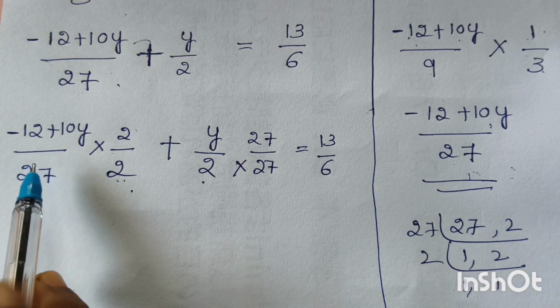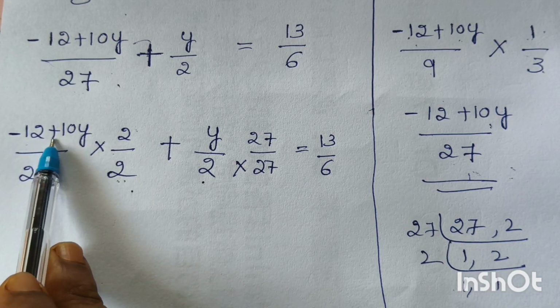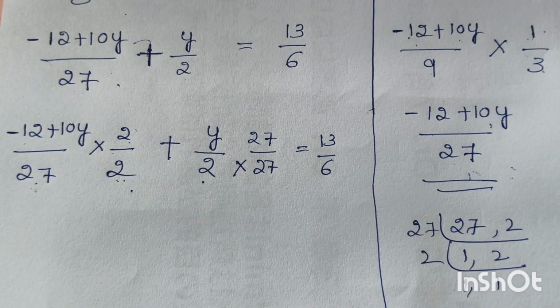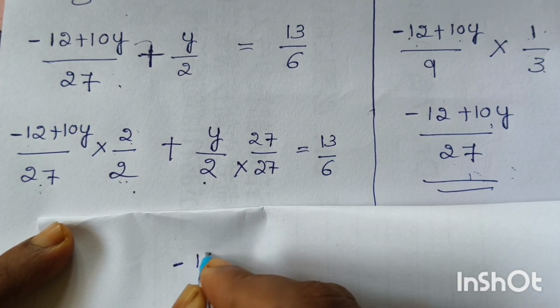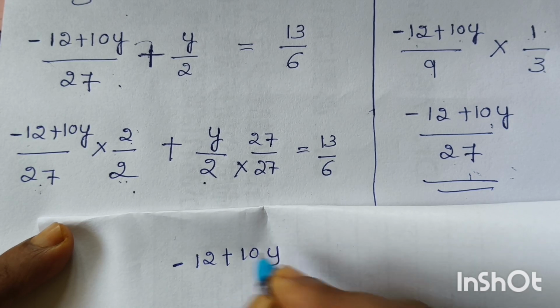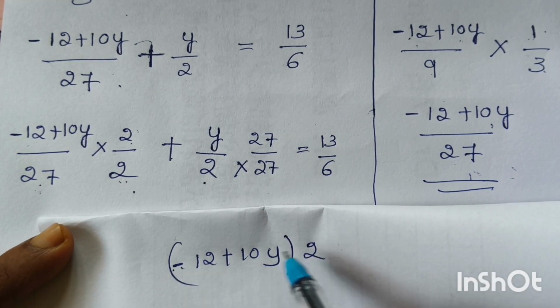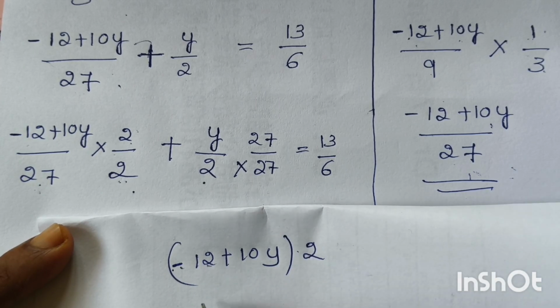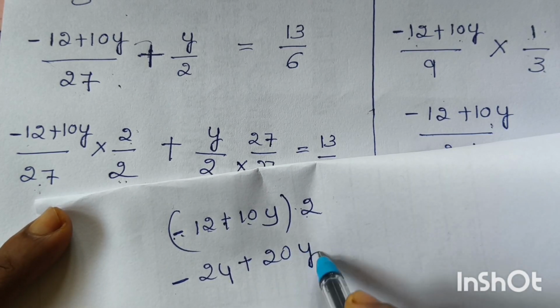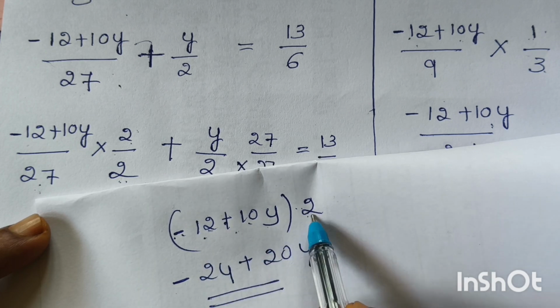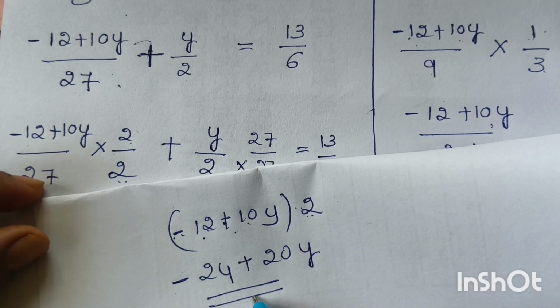Now look at this. Minus 12 plus 10y into 2 is how much? Let me show the working here. Minus 12 plus 10y into 2: plus into minus into plus is minus, 12 2s are 24, plus into plus is plus, 10 2s are 20y. When you simplify, you will get minus 24 plus 20y.